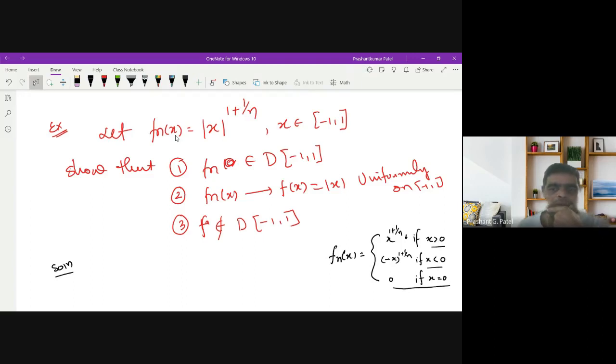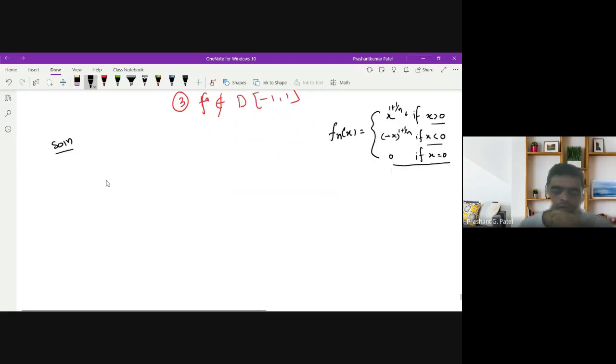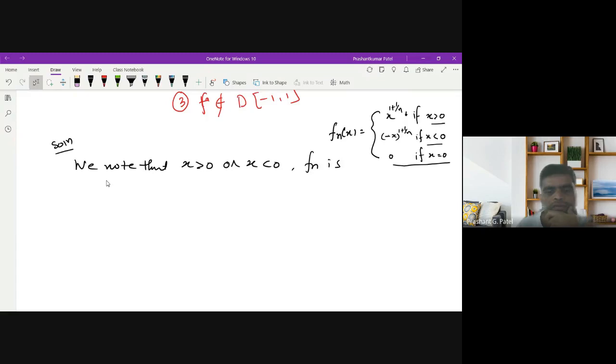So we'll prove that at x equal to 0, the function is differentiable. We note that for x greater than 0 or x less than 0, fn is differentiable. Now we shall prove that each fn is differentiable at x equal to 0.